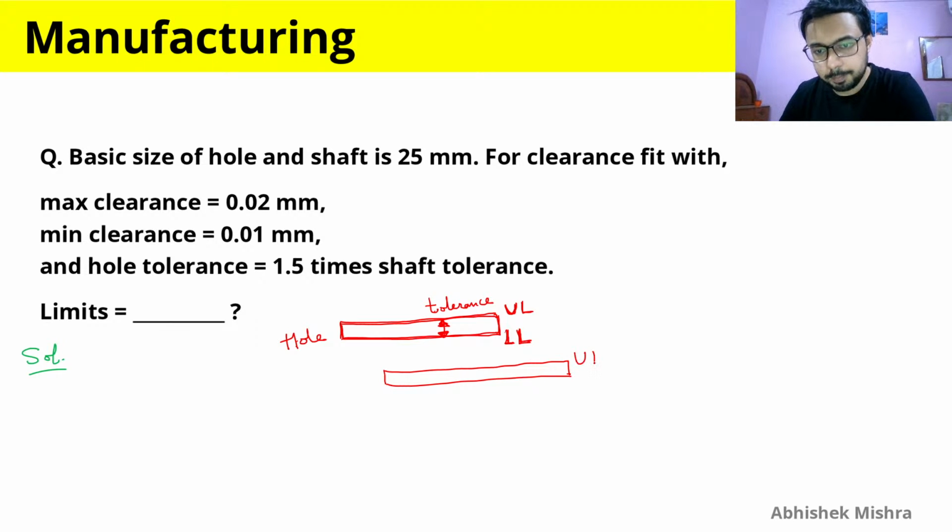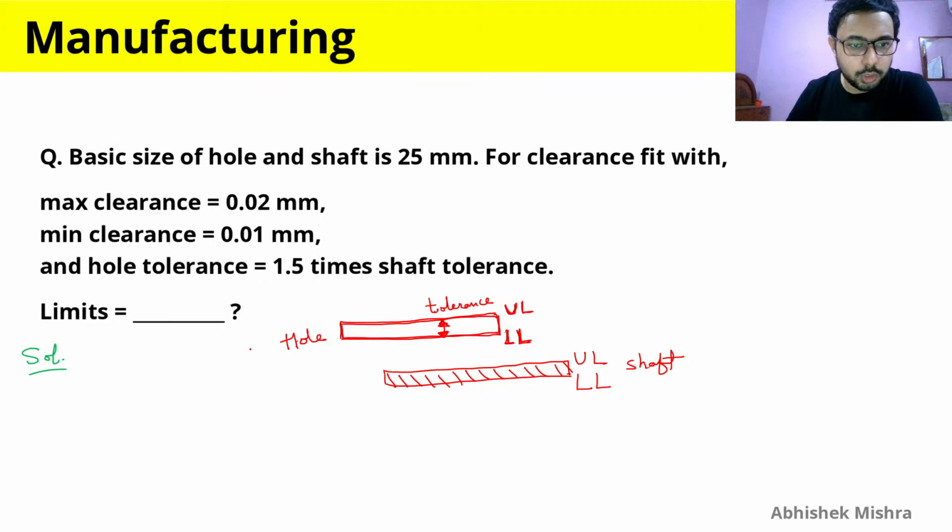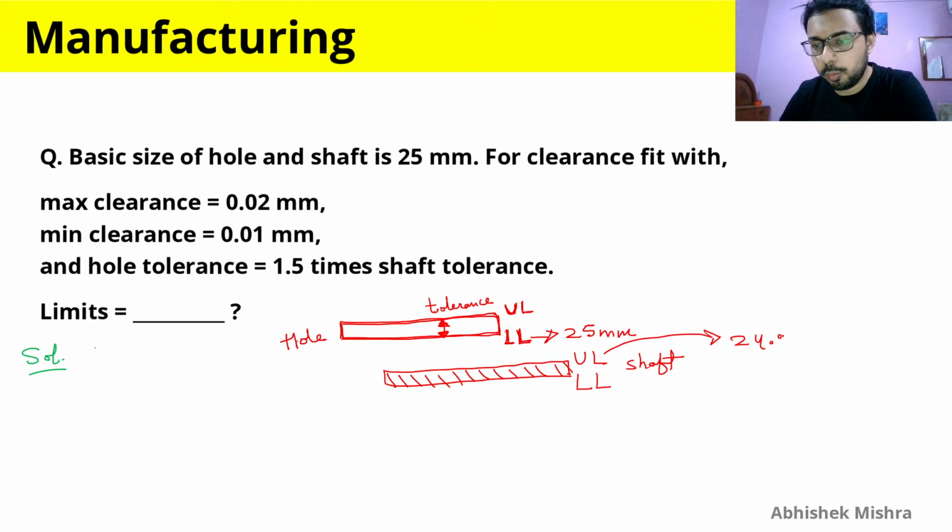This is upper limit, lower limit. So we have calculated the lower limit of hole, it was coming out as 25 mm, and the upper limit of shaft we have calculated came out to be 24.99 mm. Now we need to find the upper limit of hole and the lower limit of shaft.